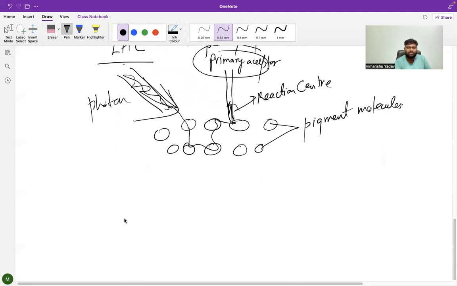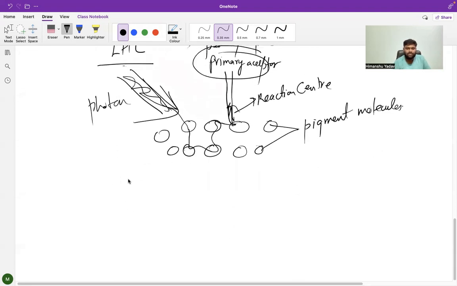अब वी विल बी स्टडिंग अबाउट द फोटो सिस्टम. व्हाट आर द फोटो सिस्टम? तो फोटो सिस्टम जो आपका फोटो सिस्टम 1 है, then there is photosystem 2. This is the reaction center which absorbs the light at P680. 680 is the nanometer length, and this reaction center is P700.